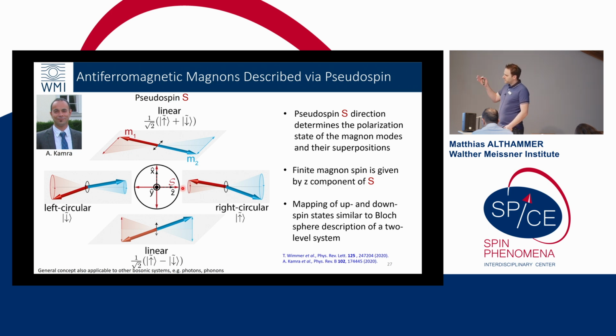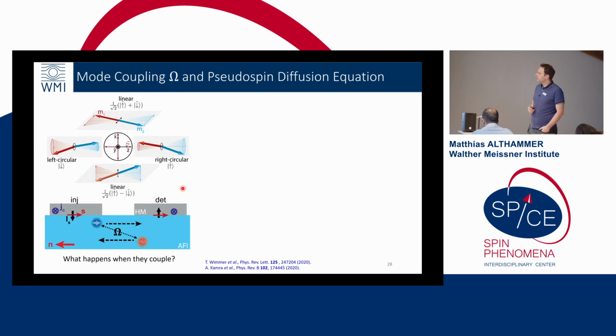With this pseudospin that lives inside this mapping structure, you can determine this polarization and describe the system, also the superposition state, just by this pseudospin vector. So you have a mapping that allows you to figure this out. And this is a pseudospin because it behaves, from the symmetry, like a typical spin in the system.